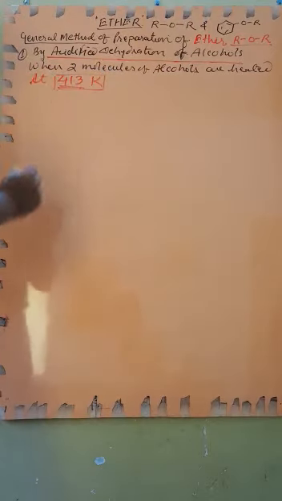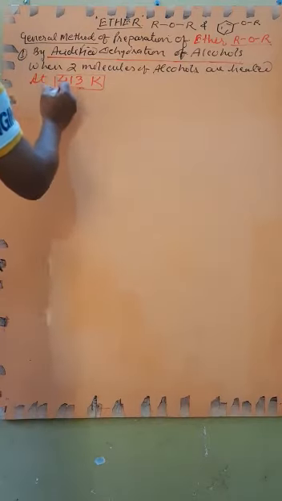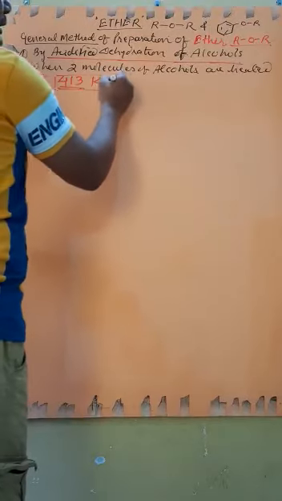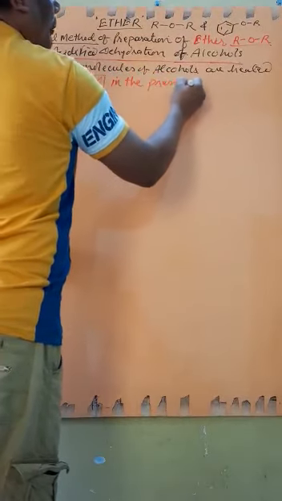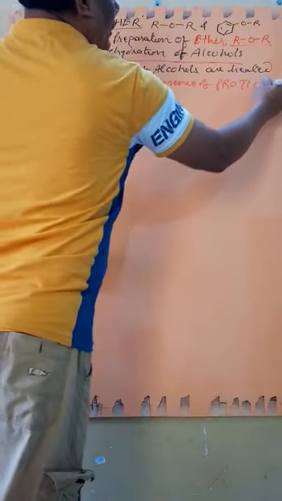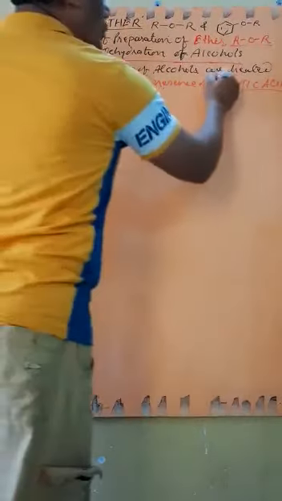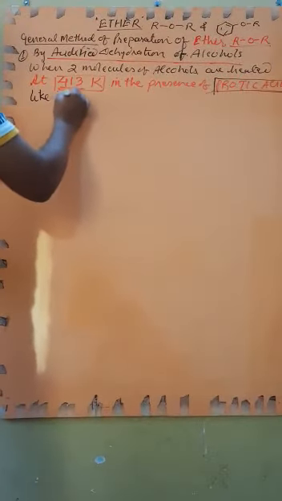Remember, if the temperature is 433, then the alkene will form, but here we are limiting the temperature, 413 Kelvin, in the presence of protic acid. Now what is the meaning of protic acid? Protic acid is those acid which can provide H cation, like concentrated sulfuric acid.